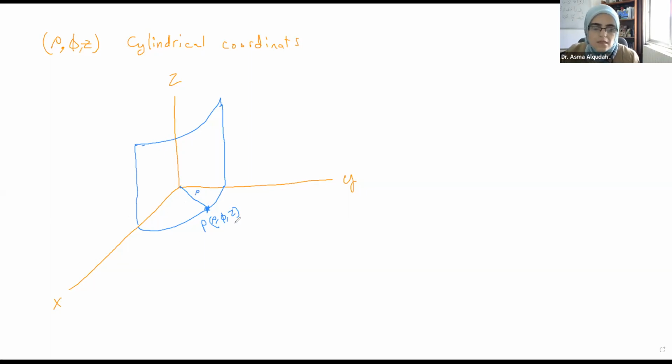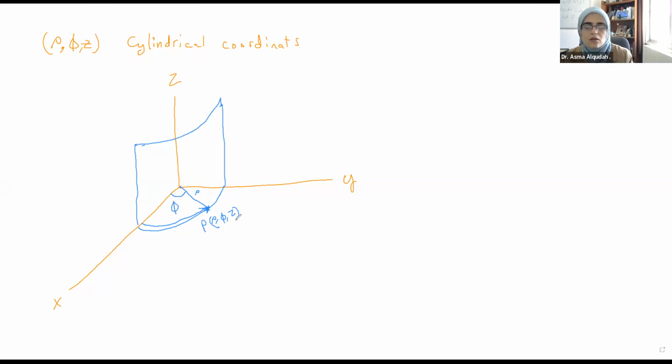Now we come to the next component, which is phi. How we define phi: we start at the positive x-axis and then we move counterclockwise until we get to the point P. Okay, so the angle we form as we move to the point P is called phi.